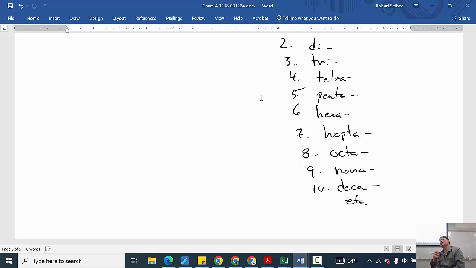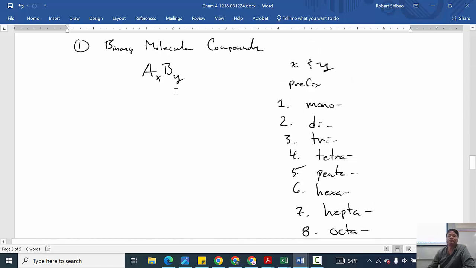I had to know up to 20, up to 30. But I forgot it. I don't really use it that much. Like dodeca 12, ico 20, etc. That's not for binary molecular compounds. It was for organic chemistry.